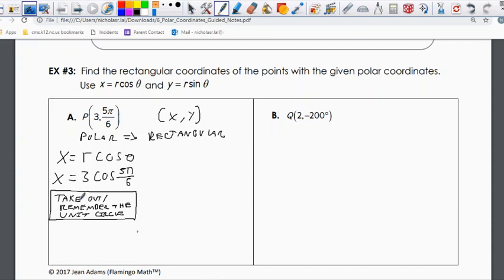All right, the cosine of 5 pi over 6 is going to be negative root 3 over 2.